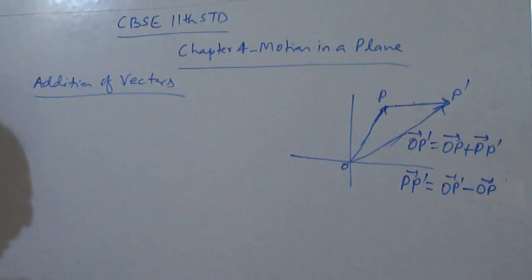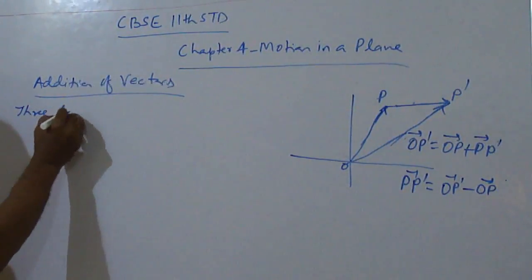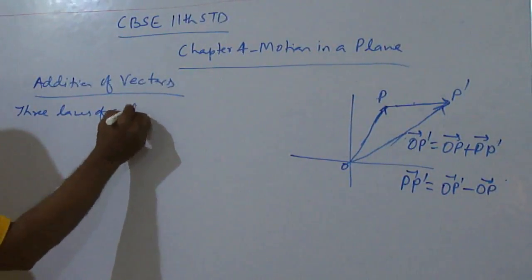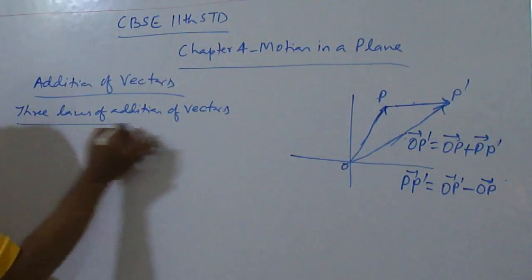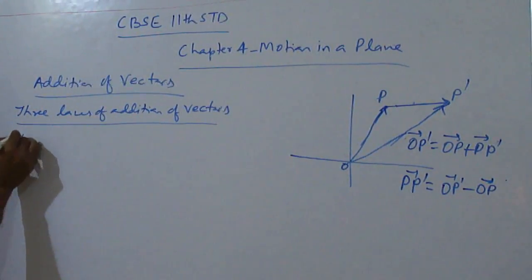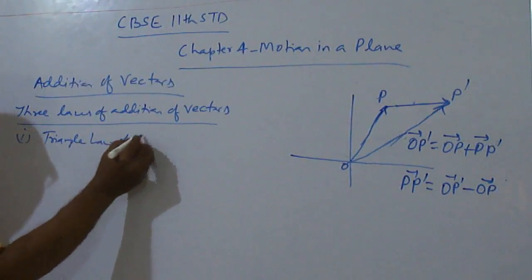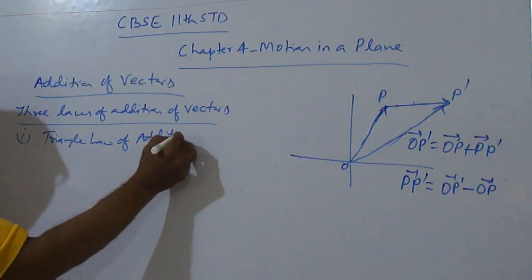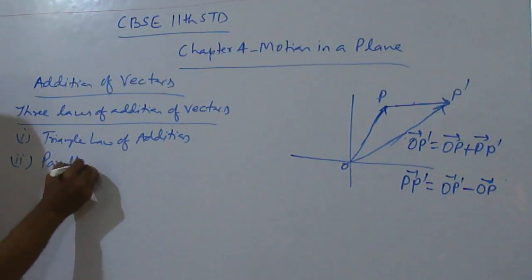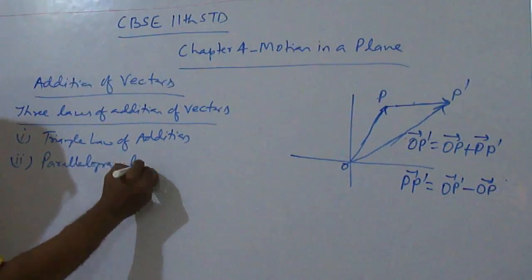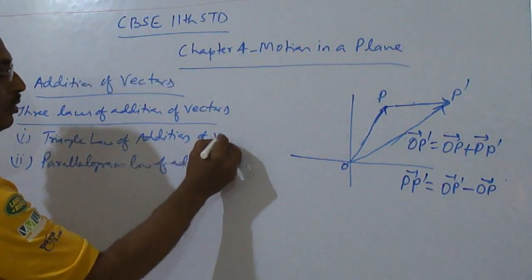Right. Let us study the triangle law of addition. Actually, there are three laws of addition of vectors, which are very important. The first one is triangle law of addition. Second is parallelogram law of addition of vectors.